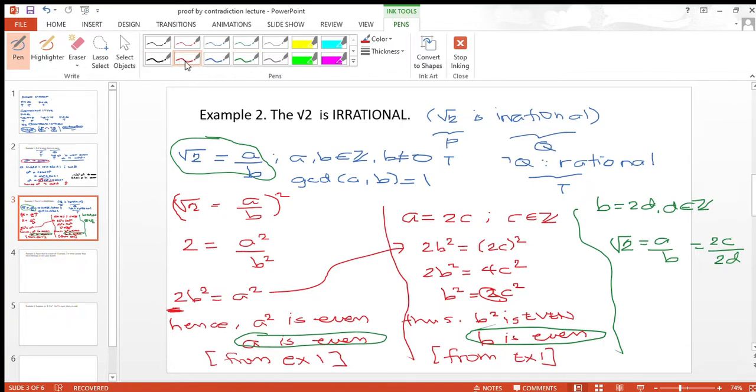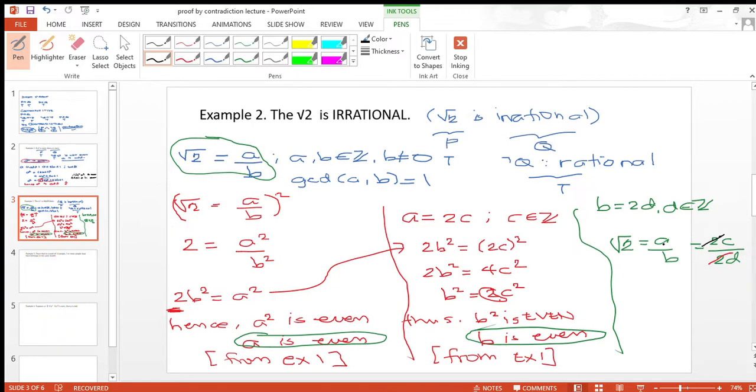And if a is 2c and b is 2d, then we can divide both sides by 2. And what happened there? Because of that part, we have canceled out 2 and 2.